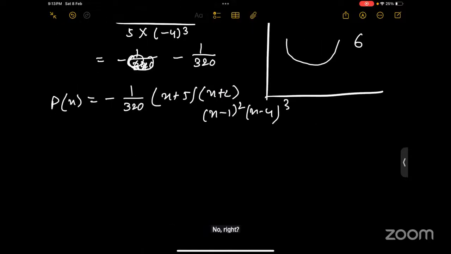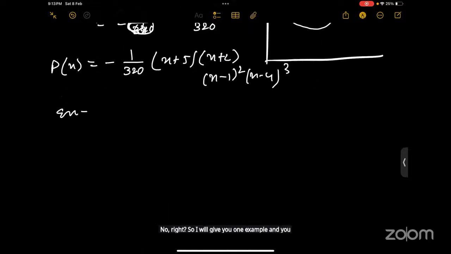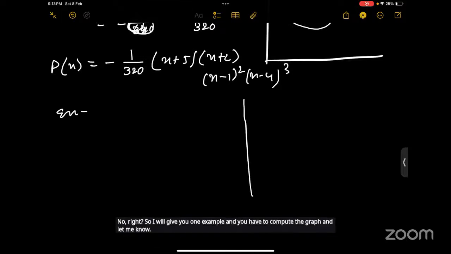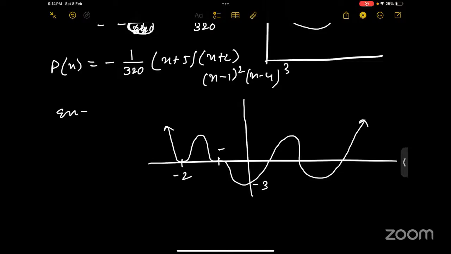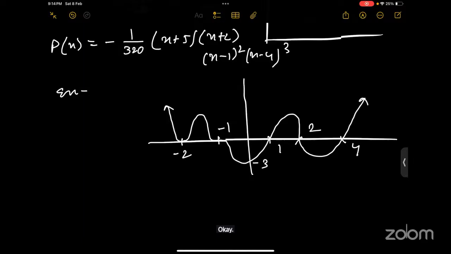So I will give you one example, and you have to compute the equation from the graph and let me know. Okay, so this is the graph. I'm waiting for 5 minutes.